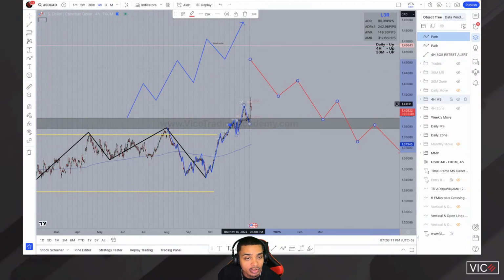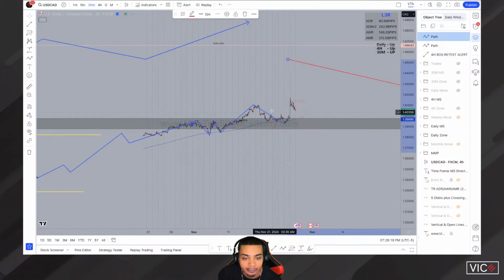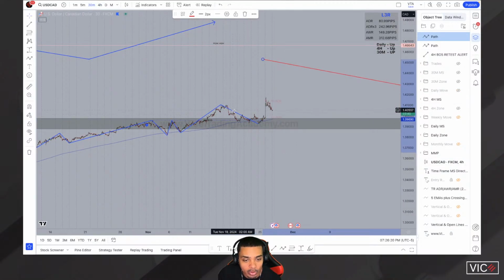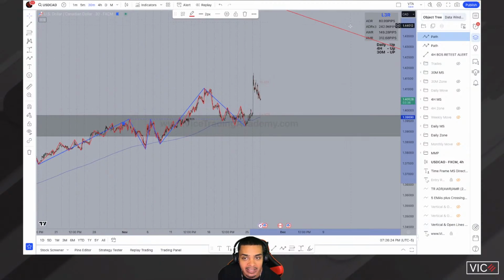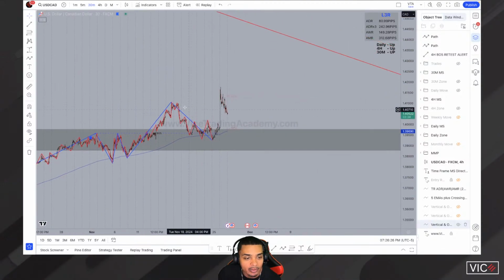The lower time frame where I look for this type of structure is the 30-minute chart. If I go to the 30-minute chart and I'm just analyzing this portion right here, what do I see? I see that type of behavior: lower low, lower high, lower low, lower high, then price pushes up.